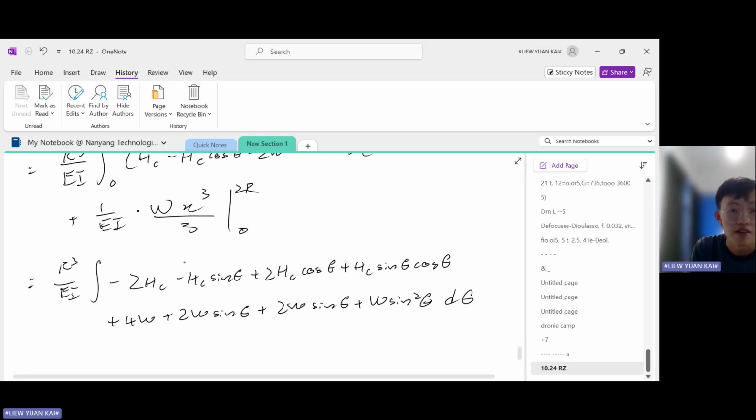And then if I substitute the limits of this integral, right? If I substitute 2r and I substitute 0, you will evaluate this integral, the second integral, to be 8wr cubed over EI.